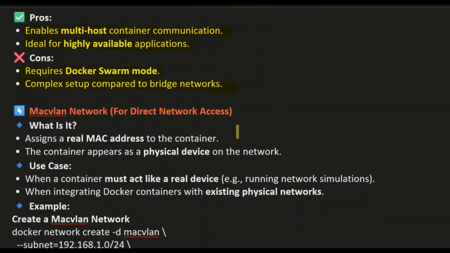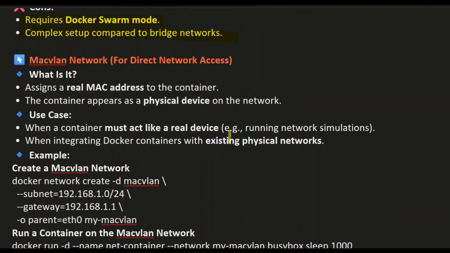4. Macvlan network for direct network access. What is it? Assigns a real MAC address to the container. The container appears as a physical device on the network. Use case. When a container must act like a real device, e.g., running network simulations. When integrating Docker containers with existing physical networks.